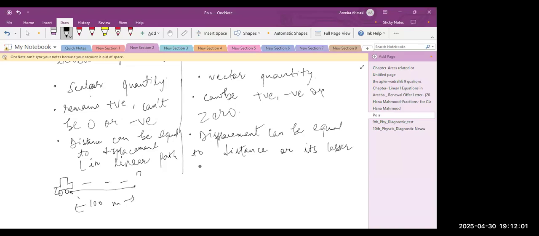Why lesser than the distance? Because distance is always the total path, whereas displacement is the shortest length, right? So there is a possibility my displacement can be lesser than my distance, right? Write it.